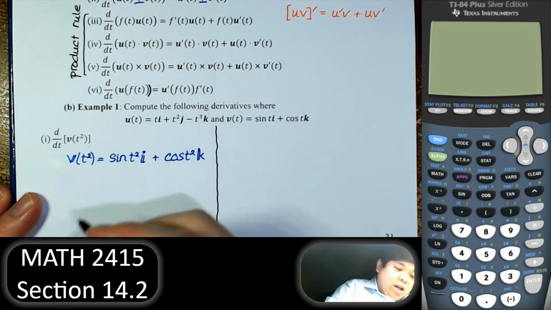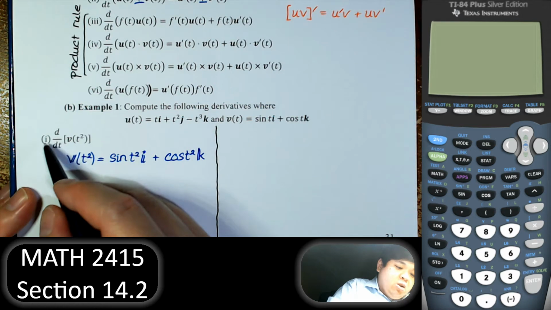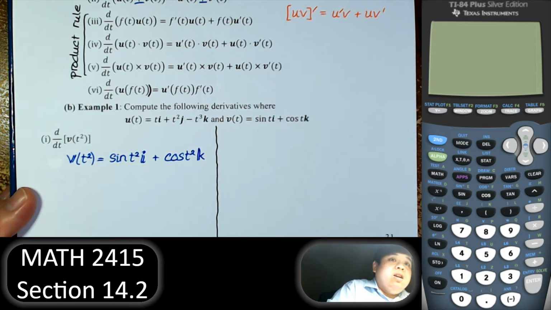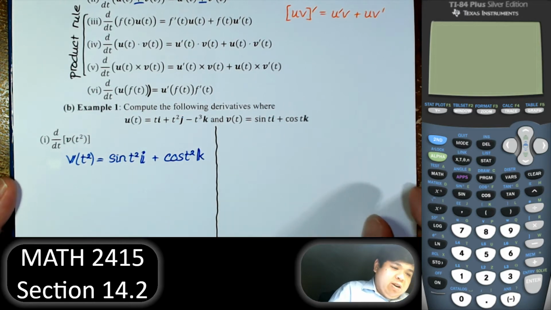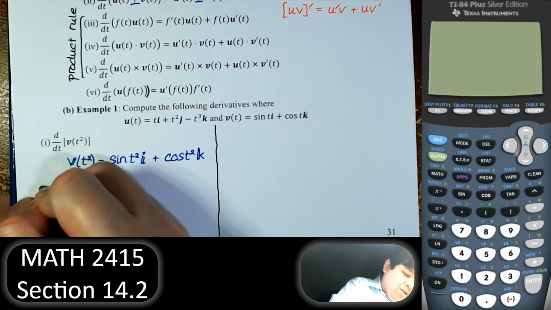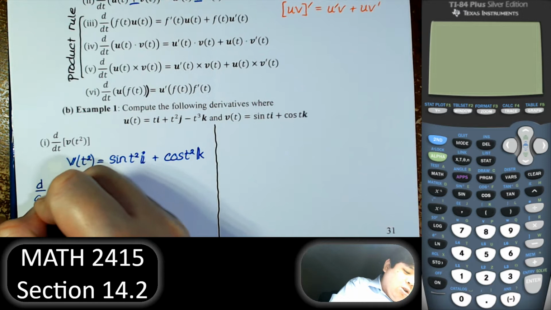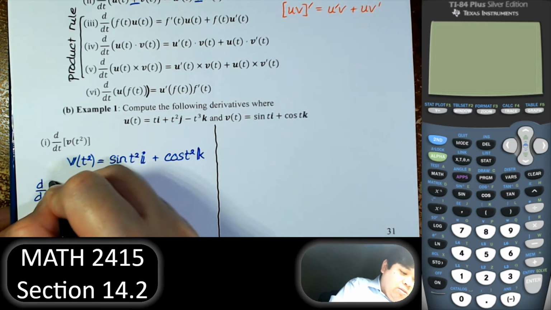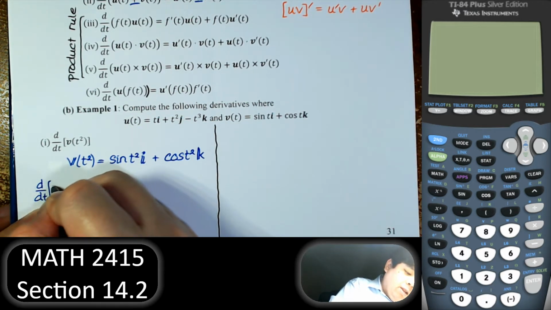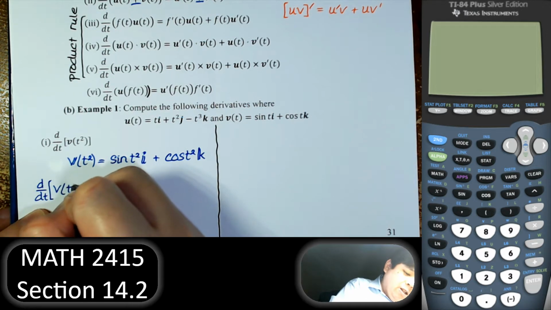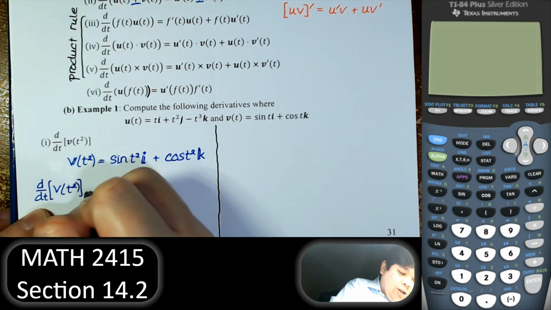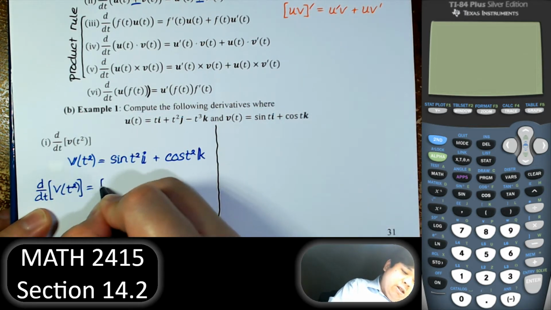Alright, now we take the derivative. We can use this notation or just use the prime sign. Perfectly fine. The notation should not be a problem here. So we just take the derivative of this.